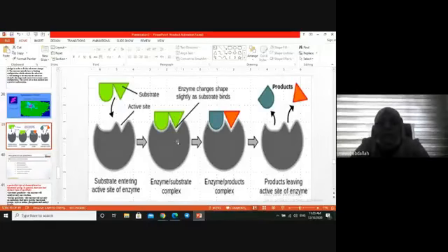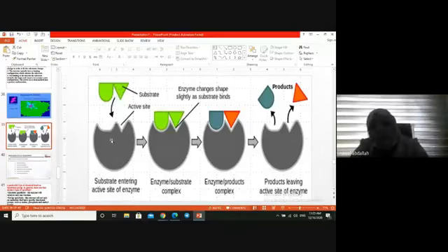The enzyme substrate complex will convert into the enzyme product complex. As you see, these are the steps before the reaction between the substrate and the active site of the enzyme.